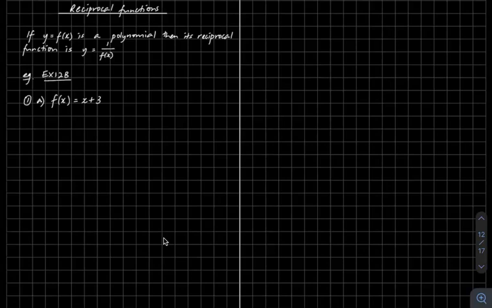Our first job would be just to sketch the graph of y equals x plus 3. So let's start off by doing that. Try ourselves a set of axes here.